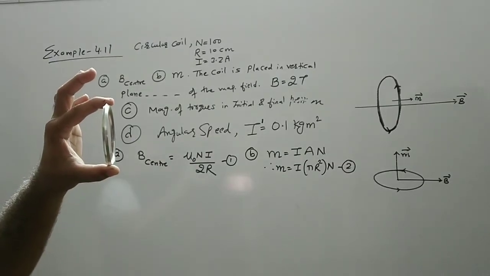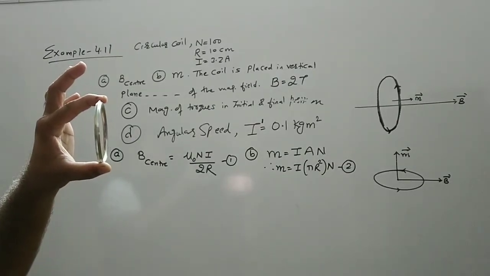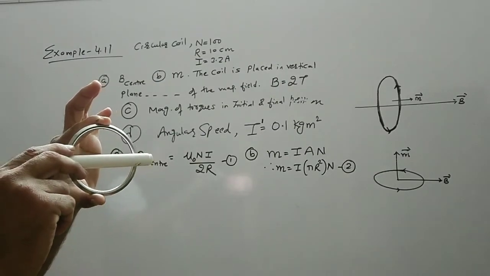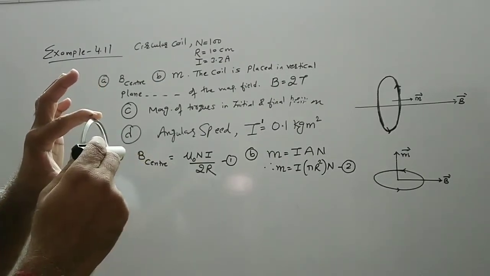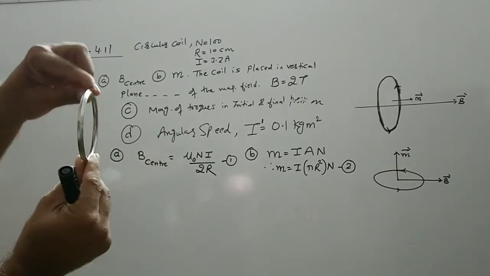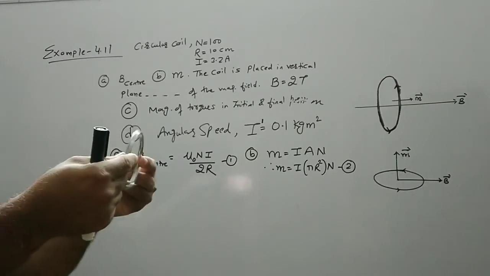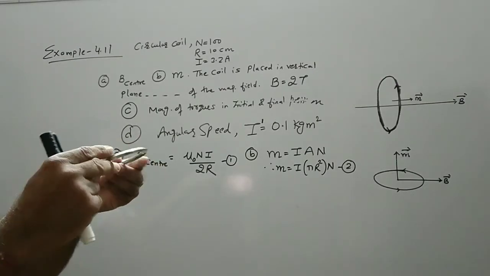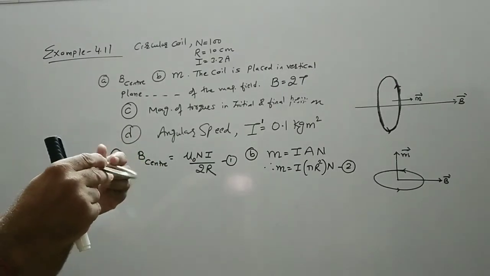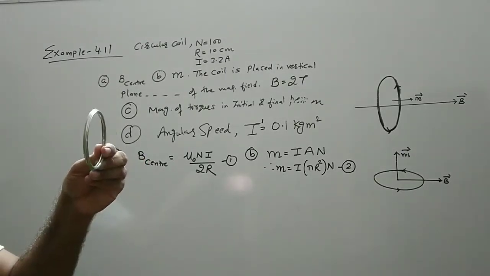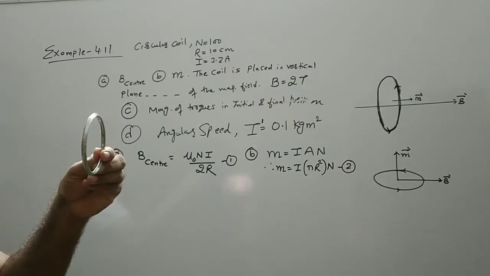Now its axis is along its diameter, so we can take this as a diameter. This is the diameter. So the coil rotates by 90 degrees. So we assume this coil rotation like this. So this is how the coil is rotating. Initially the coil is kept like this, that is in a vertical plane.